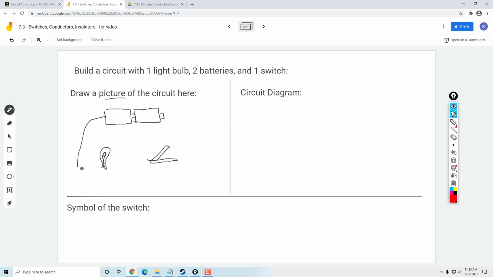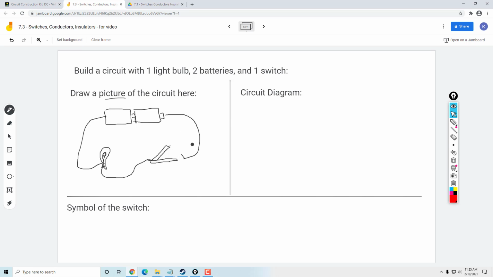Okay, we connect them. And really, in order for the switch to work, the wire must be connected over here.